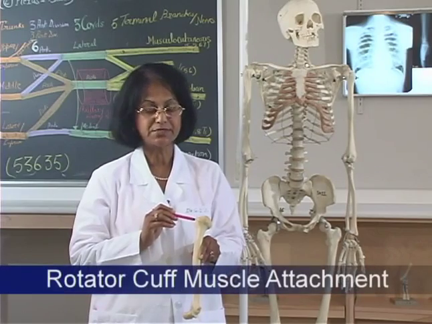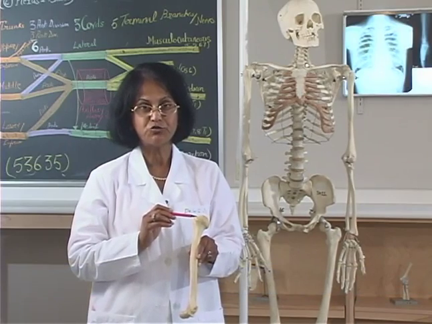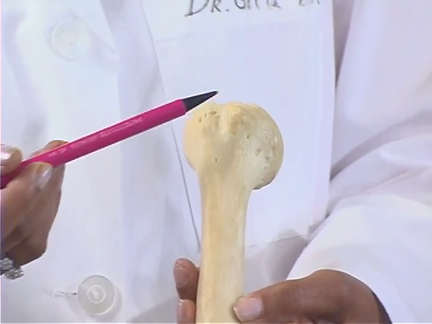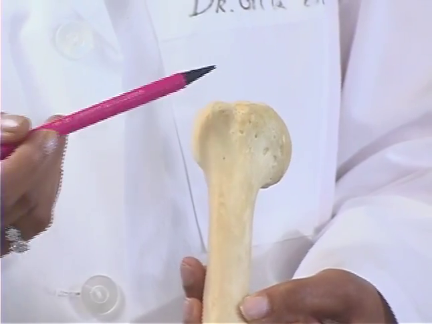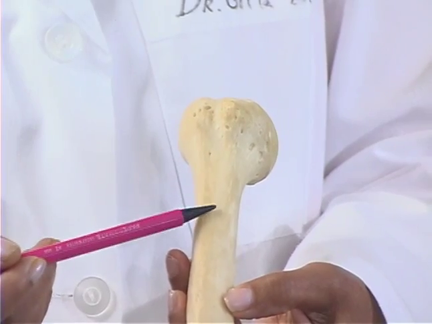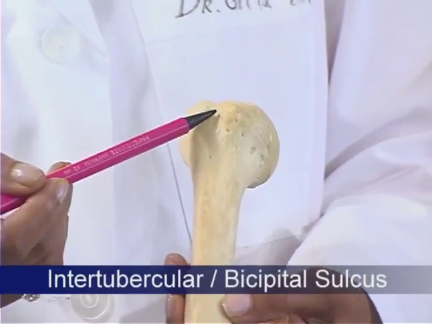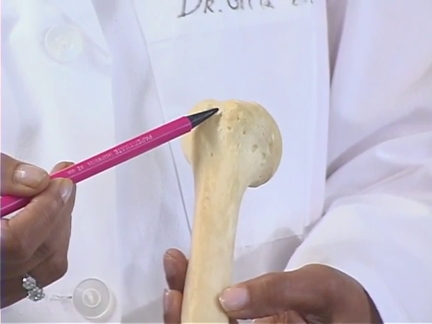The rotator cuff muscles are very important for the stability of the joint. Between the two tubercles, there is a groove. This is known as the bicipital groove or the intertubercular groove. This contains the long head of the biceps.